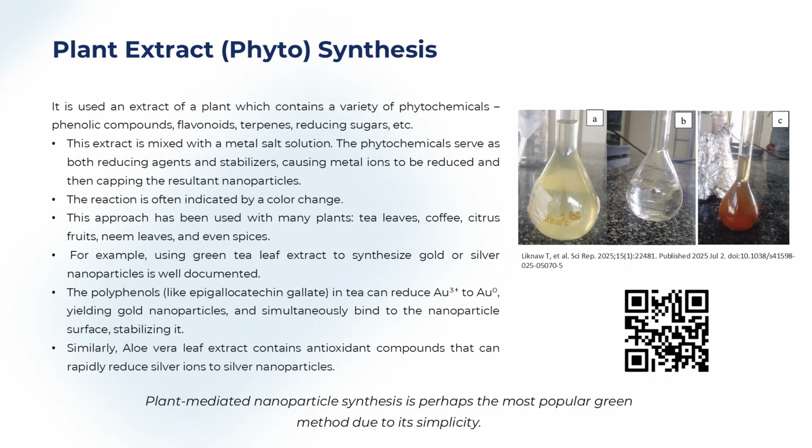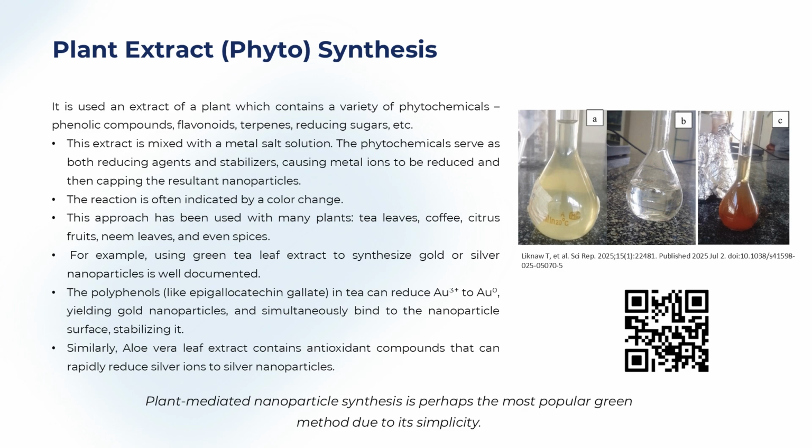The next one is the plant synthesis of nanoparticles. This method is very eco-friendly. In this method, the extract of the plant is mixed with a metal salt solution. The phytochemicals serve as both reducing agents and stabilizers, causing metal ions to be reduced and then keeping the resultant nanoparticle stable.